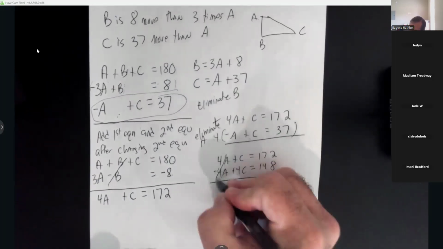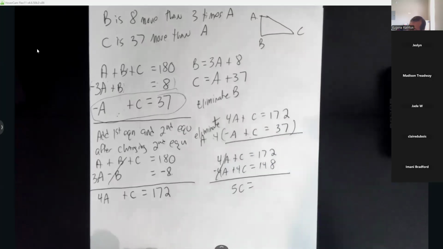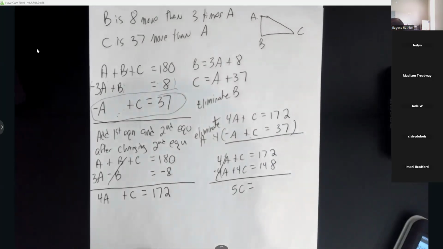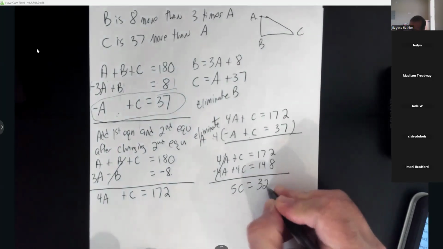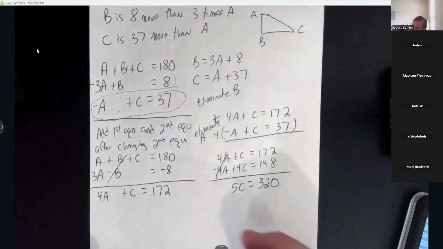All right, y'all look, the A's cancel. 1 and 4 give me 5C. 148 and 172 give me 320. Now, when I divide by 5, I will know what my angle C equals.